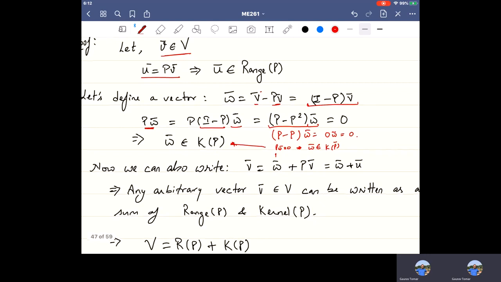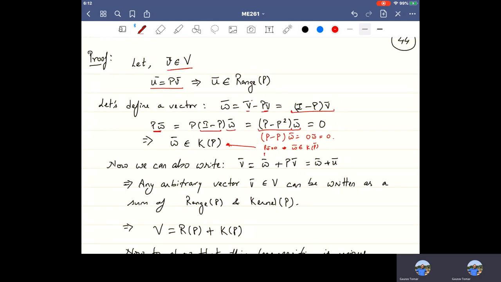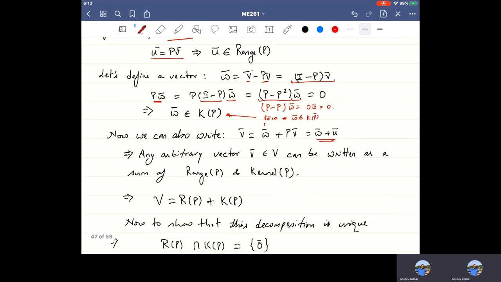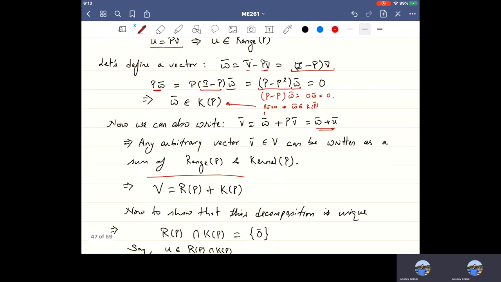Now, that means you can write vector space V as a linear combination of a vector from kernel of P and range of P. That means the vector space V is essentially a sum of range of P and kernel of P, these two subspaces.